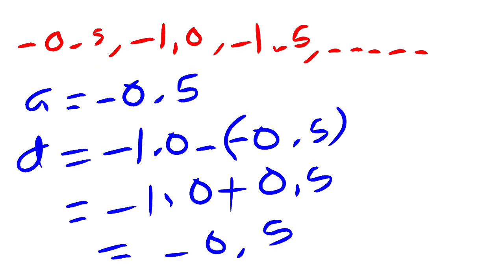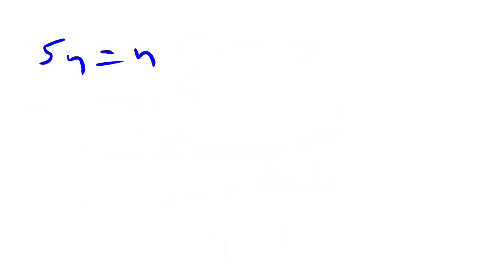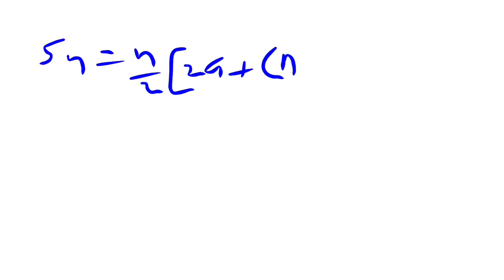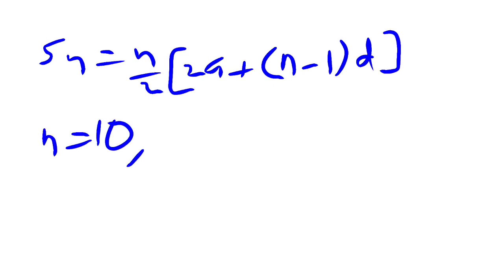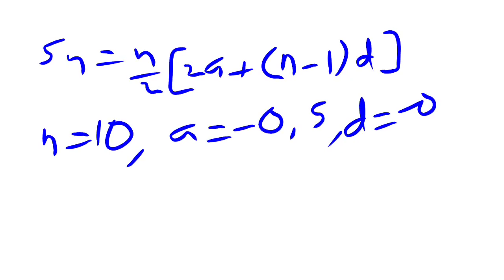So for the Sn formula, here the last term is not available, so I am using n by 2 of 2a plus n minus 1 into d. Let's substitute the n value 10, because he is asking the sum of the first 10 terms, and the a value is minus 0.5 and the d value is also minus 0.5.